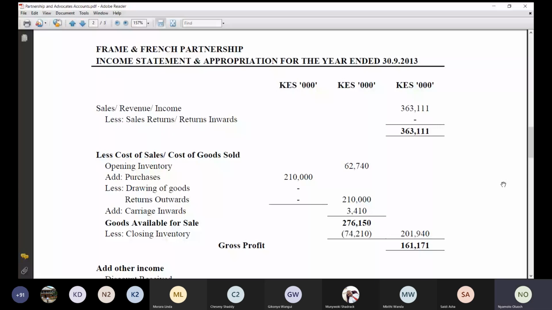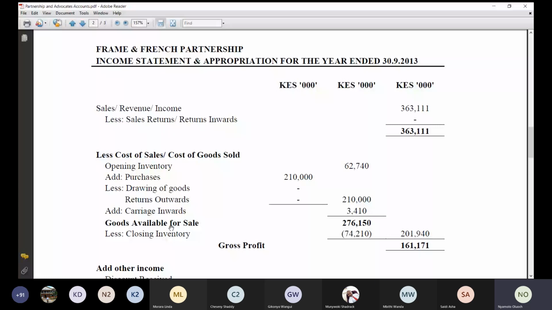We less our cost of sales or cost of goods sold, which starts by our opening inventory. The opening inventory, you find it on the trial balance. Inventory at 30th September 2012, that is 62,740. You add your purchases, which are 210 million. You will less the drawings as had been indicated to you yesterday.